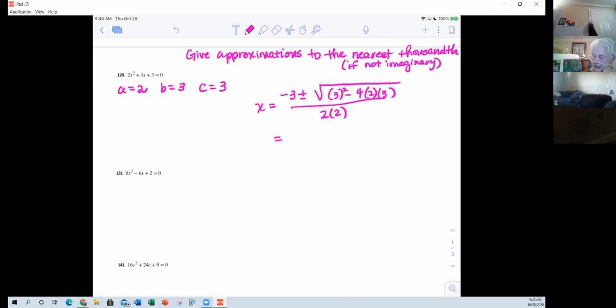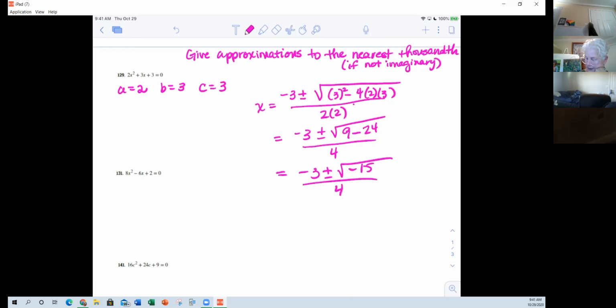So this would be -3 plus or minus the square root of 9 minus, nope, 24 over 2A. And that's going to be -3 plus or minus the square root of -15 over 4, which would be -3 plus or minus, you'd have to pull out your i.